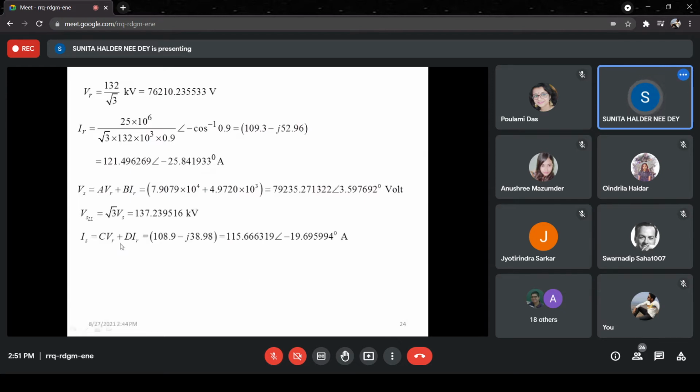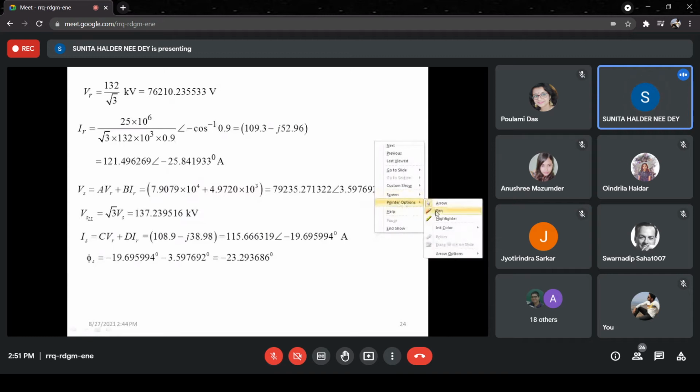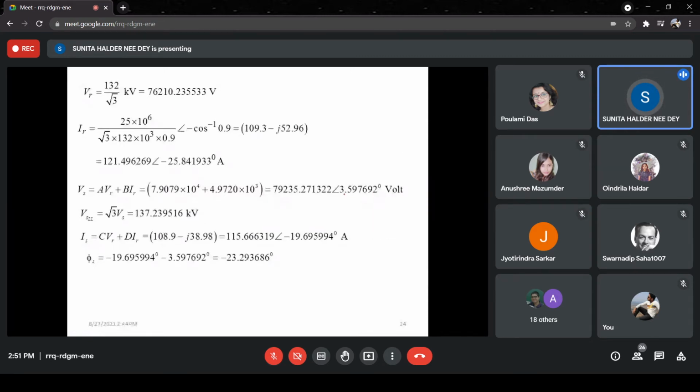So we can calculate. What is phi s? Phi s is the power factor angle at the sending end, the angle between Vs and Is. From the reference, Vs is 3.59 degree leading, Is is lagging.